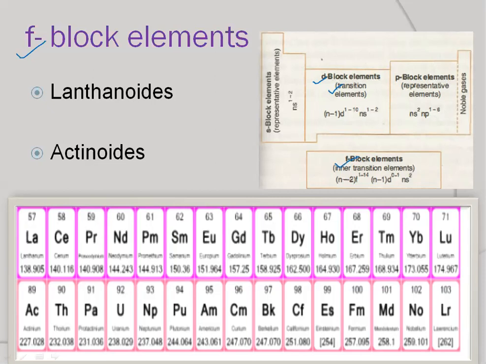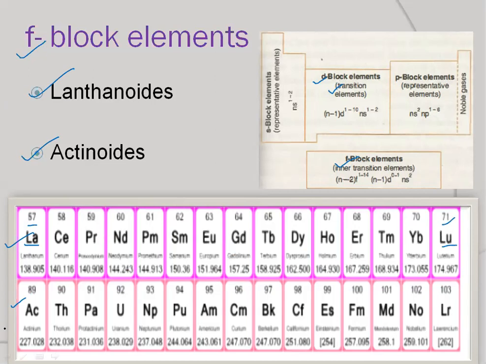There are two series placed at the bottom of the periodic table, known as the lanthanoid series and the actinoid series. The lanthanoid series starts from lanthanum, whose atomic number is 57, and ends on lutetium, whose atomic number is 71.